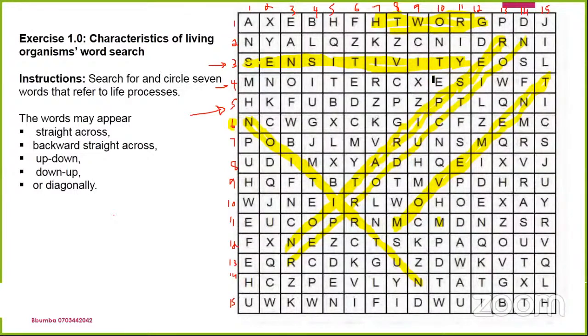Okay, excretion. Yes. I've been able to identify it. Thank you very much for that. And I think we now have all the 7. We now have all the 7.